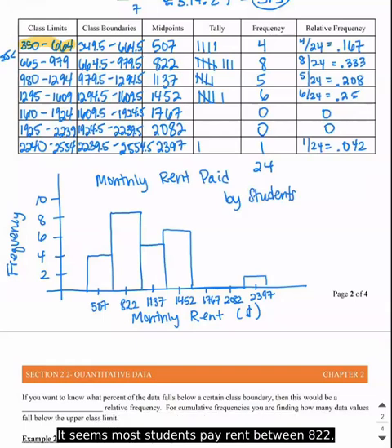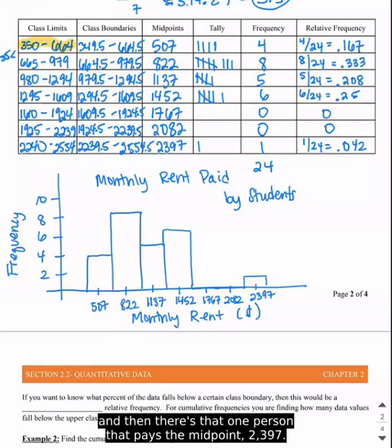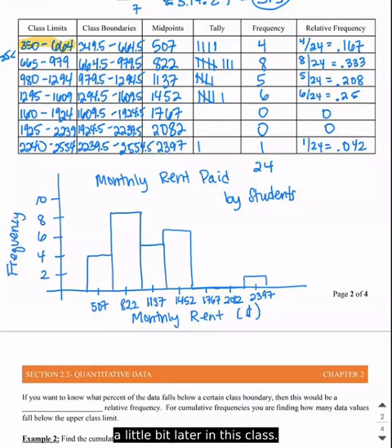So it seems most students pay between $507 and 1452, with 822 being the highest, and then there's one person that pays roughly, at the midpoint, 2,397. And I'll talk a little bit about what type of data that is later in this class. But that would be my histogram.